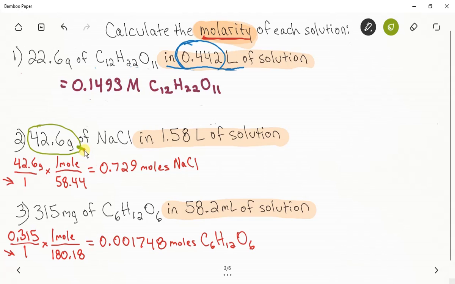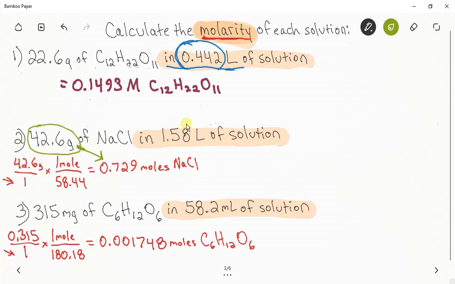You're making salt water, and you only have 42.6 grams of salt. Well, you figured it out, and you know that's 0.729 moles of sodium chloride.